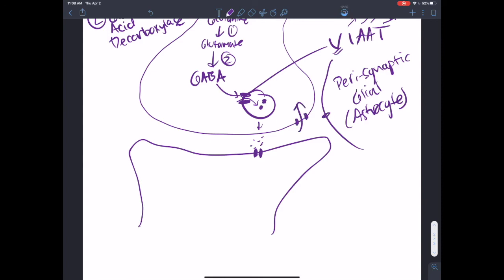So this transporter that I don't care that you know the name, just for completeness's sake, let's say that this is GAT, GABA transporter. And it exists both on the perisynaptic glial cell, this astrocyte, and the presynaptic terminal itself. So GABA can actually go straight back into the presynaptic terminal and be recycled pretty efficiently in that manner.